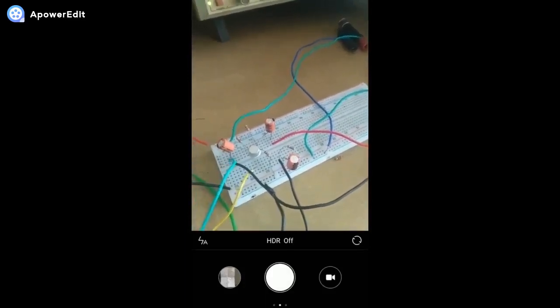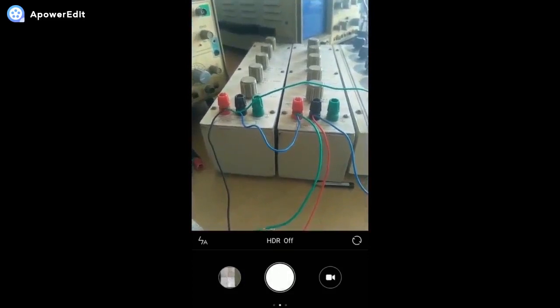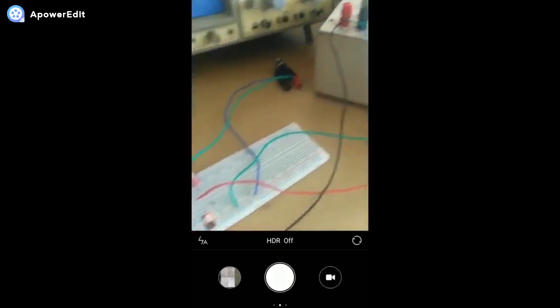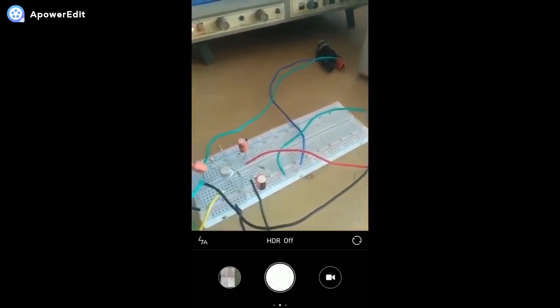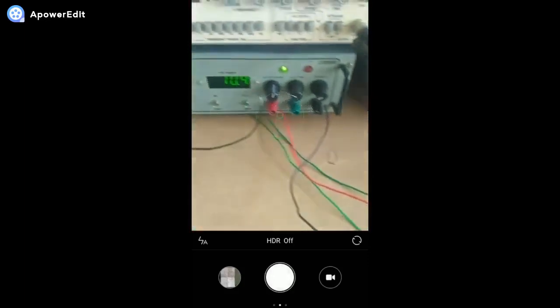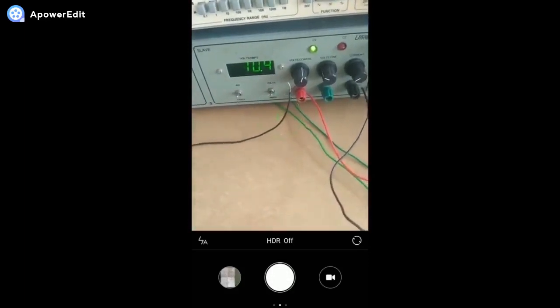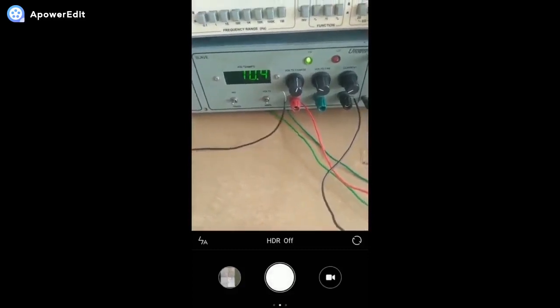Including these capacitors, we are using the inductance box in the Colpitts oscillator. So this is the hardware connection of this Colpitts oscillator. After this, we apply the VCC voltage to activate the entire circuit.